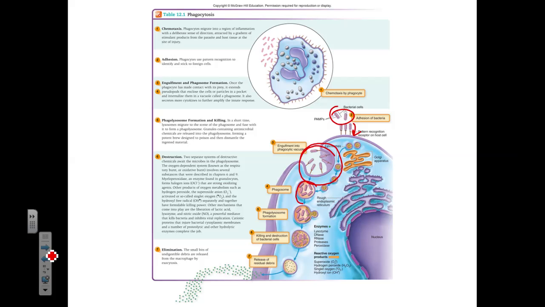A phagosome then forms. A phagosome is a small lipid-bound vesicle that contains whatever has been phagocytized. The phagosome, generally speaking, is going to fuse with lysosomes. The lysosomes containing digestive enzymes fuse with the phagosome and release their digestive enzymes into the phagosome. Those digestive enzymes then will destroy whatever is in the phagosome.